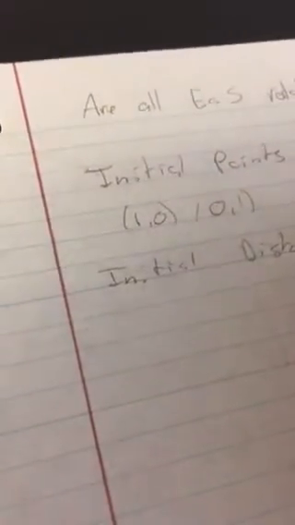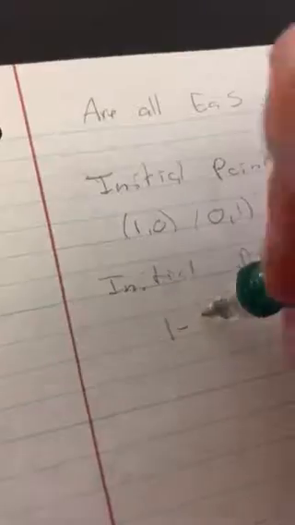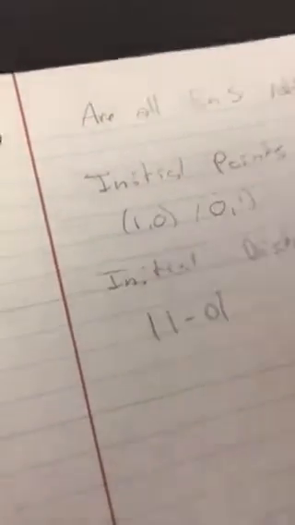Our initial distance would be the absolute value of 1 minus 0, plus the absolute value of 0 minus 1. From here to here, that's 1, and here to here, that's 1. If we add them both together, we get 2 for our initial distance.